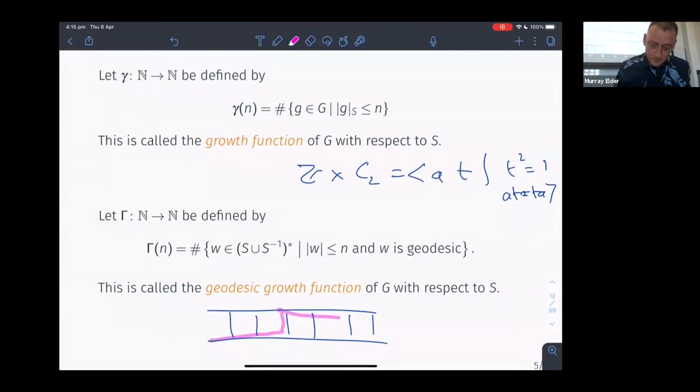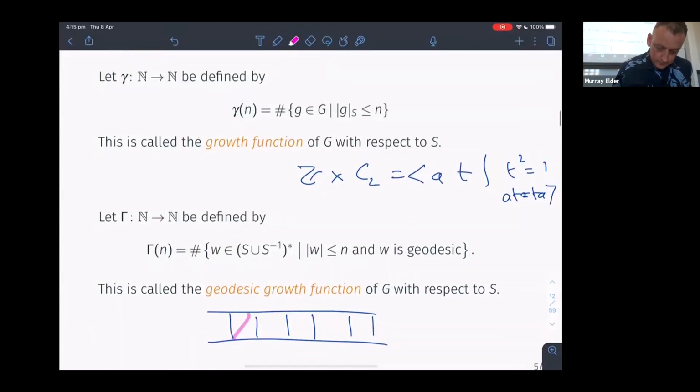However, I could mess with the generating set and add some other generator. So that's called AT is equal to some new letter, I'll call it B. B equals AT, and then do I need to add another one?